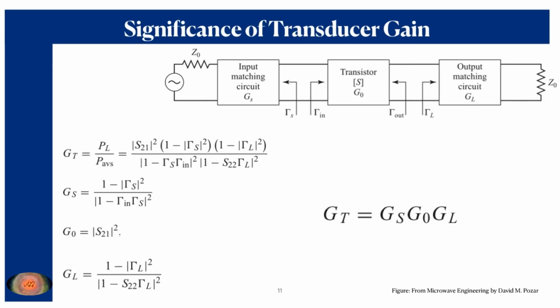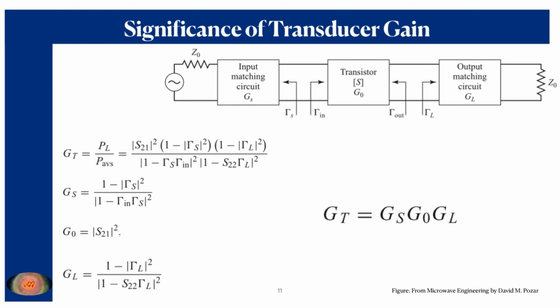Let's see what is the significance of the expression which appeared as the transducer gain. Now, in this expression, PL, as I told, represents the power being delivered to the load impedance, and this is the power available from the network. Power available from the network means the maximum power will be available if there exists an input matching circuit.